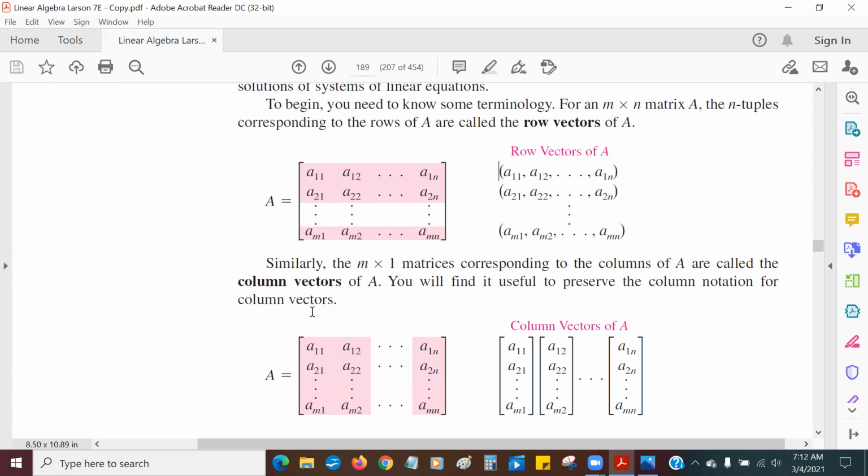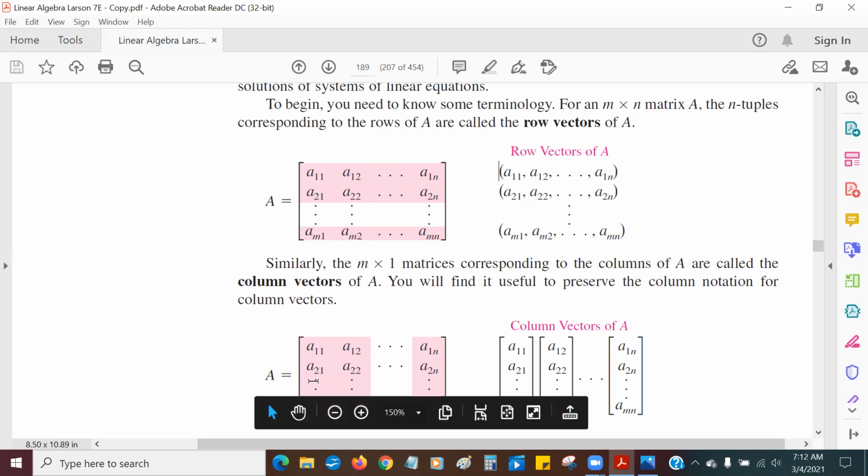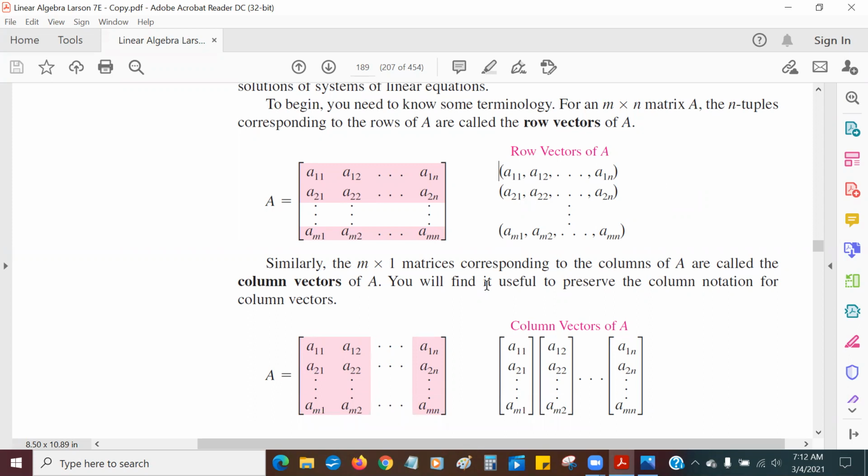Similarly, we could do the same with the columns. Here's my column A11, A21, AM1, and we get column vectors. The first one is A11, A21, AM1, then A12, A22, and so on. So here we have a bunch of row vectors. Here we have a bunch of column vectors.